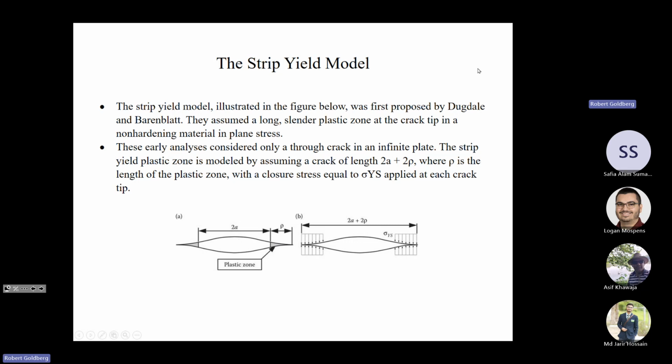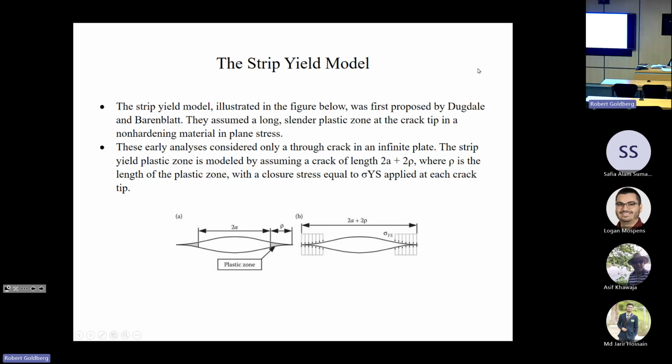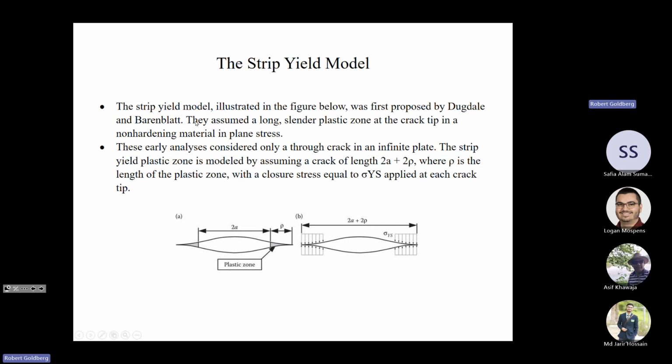So the Irwin plastic zone correction was the first method developed to account for plastic zone size. Now we're going to move to a slightly more complex model. So the strip yield model was first proposed by Dugdale and Barenblatt.